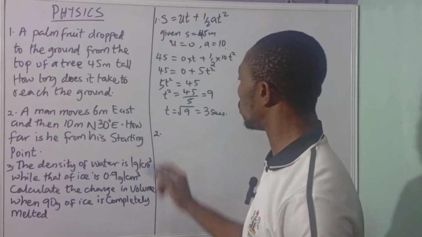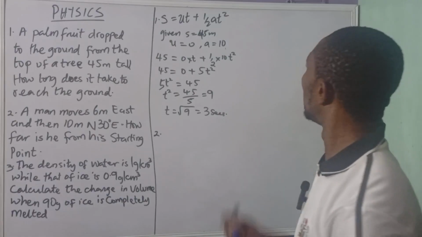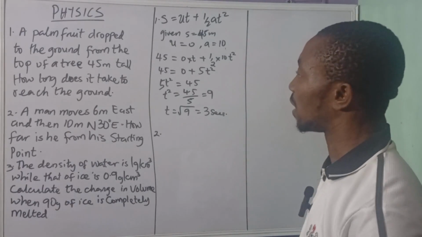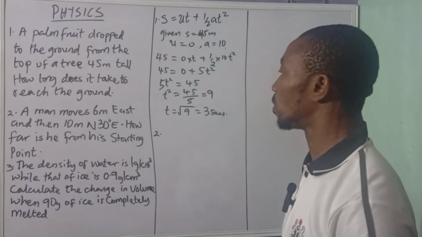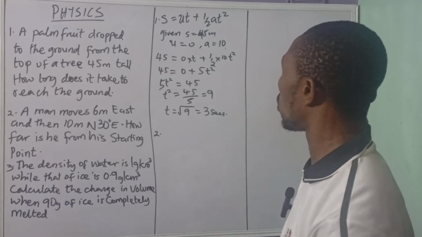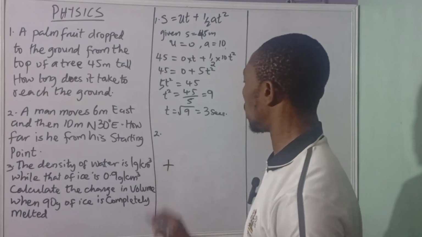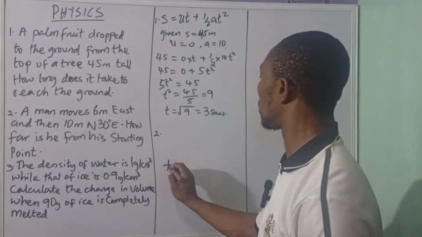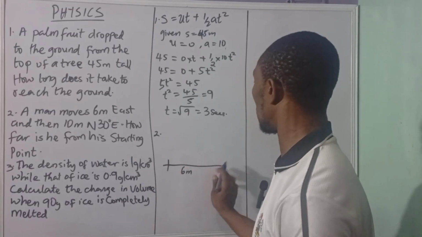Now for question 2, it says a man moves 6 meters east and then 10 meters north 30 degrees east. How far is he from his starting point? Let's represent this diagrammatically. There's a starting point. As the statement says, he moves 6 meters east, that means due east.